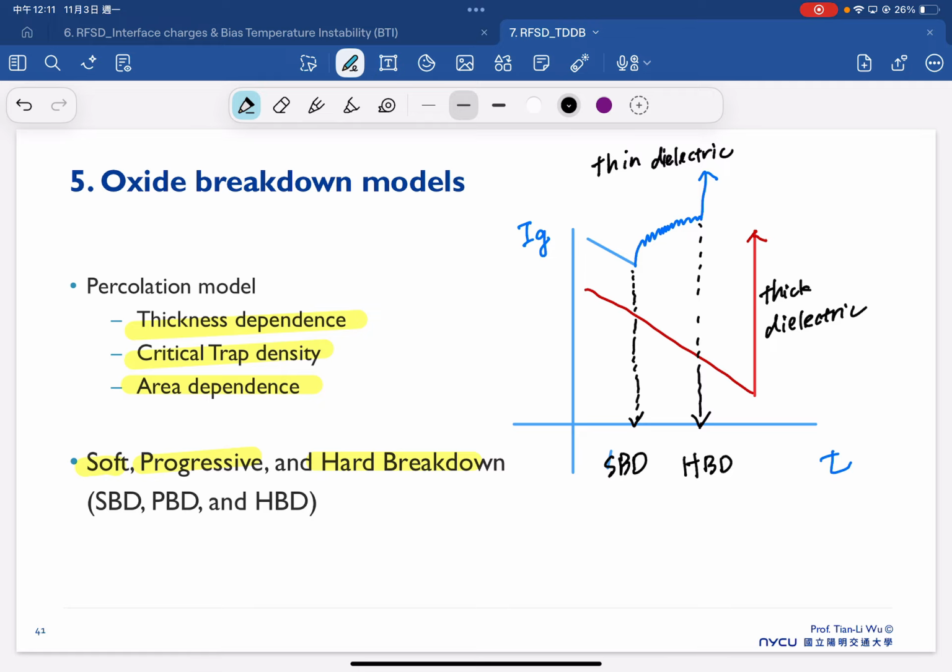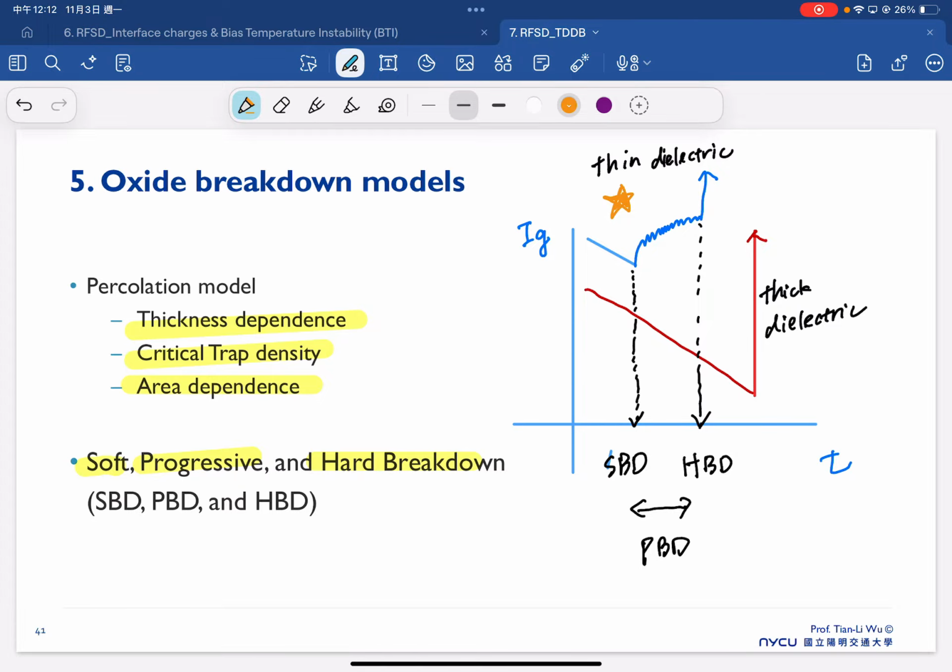And in between the hard breakdown and soft breakdown is what we call the progressive breakdown. In lots of cases, you will see this phenomenon. It's very often seen, so this is very important because this is the reality of how you see time-dependent dielectric breakdown.